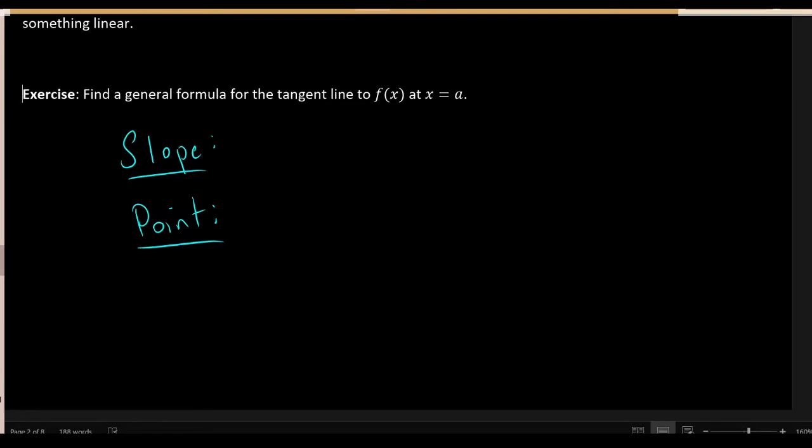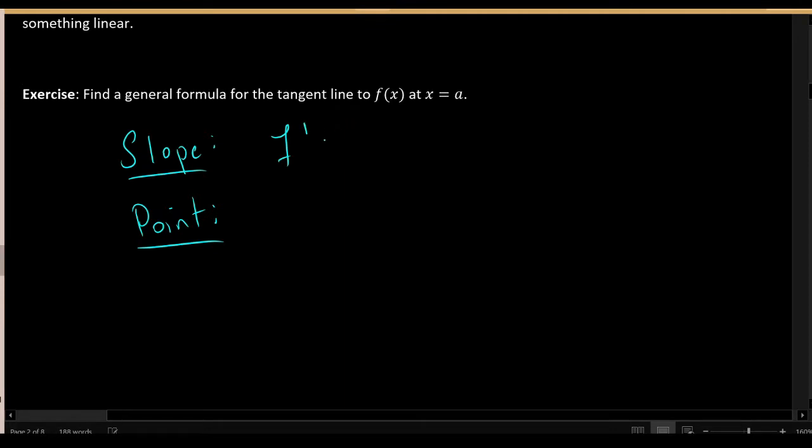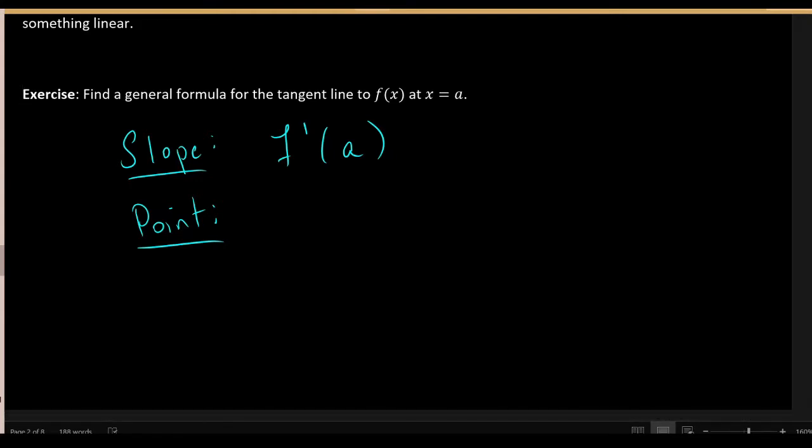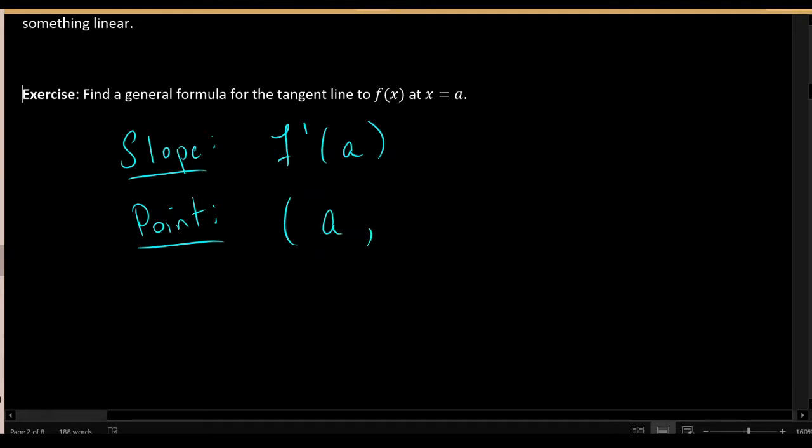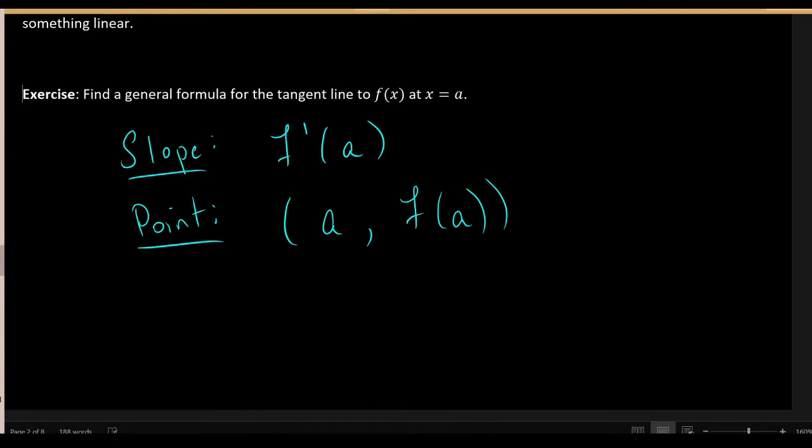The slope of the tangent line, famously, is given by the output of the derivative at the given x value. In this case, we're just going to generically call that x value a. Meanwhile, the point on the line is given by x equals a and y equals f, the original function evaluated at a. So, based on this, what is the equation for the tangent line?